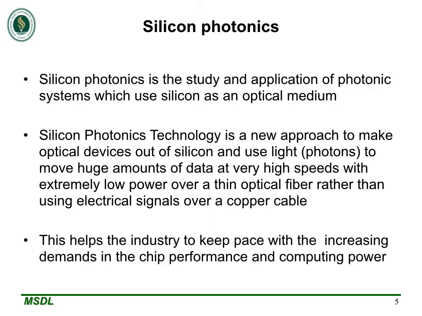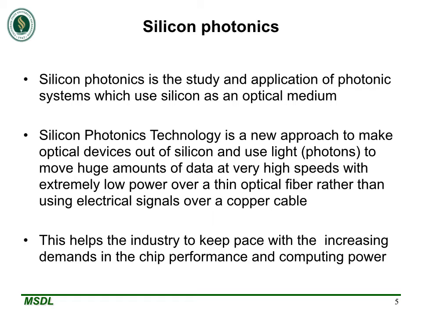Next, we have silicon photonics. This is a research topic which is useful in optical computing. So it is the study and application of photonic systems which use silicon as an optical medium. It's a new approach to make optical devices out of silicon and uses light to move huge amounts of data at high speeds and uses low power over a thin optical fiber rather than using electrical signals over a copper cable.